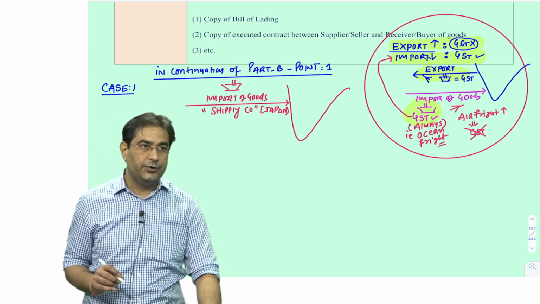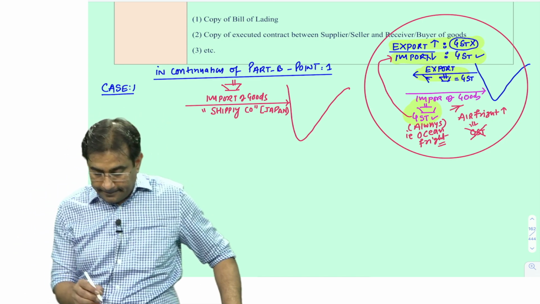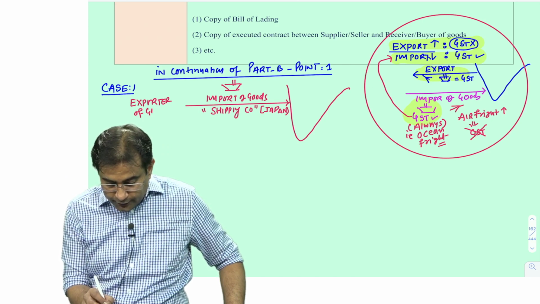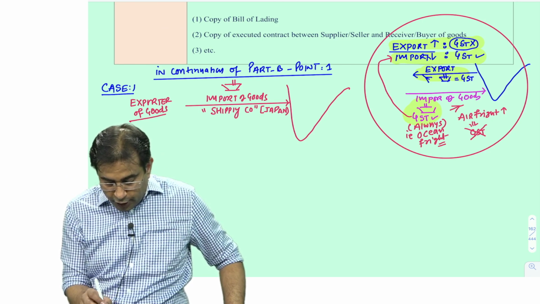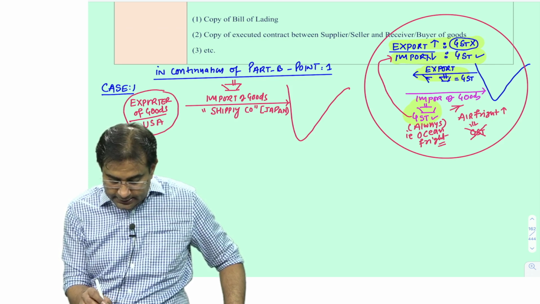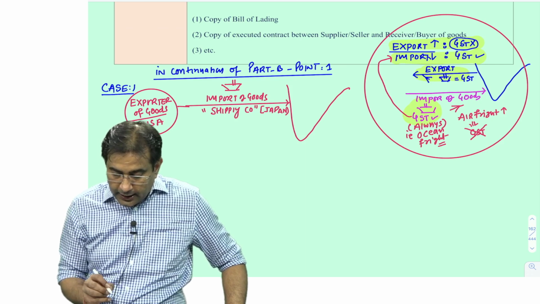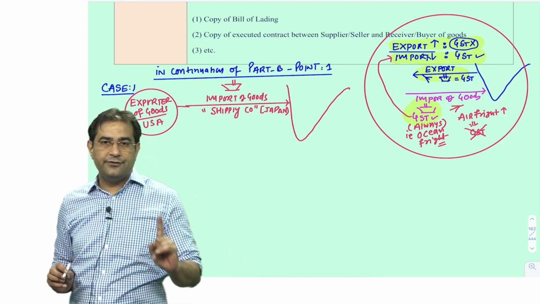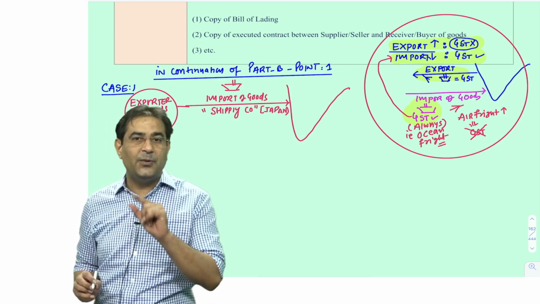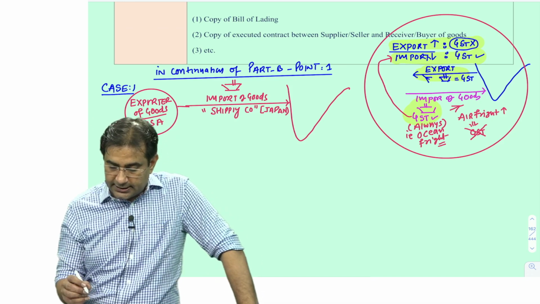And the exporter of goods belongs to USA. Is it okay? Now I am going to discuss ocean freight. I am going to link ocean freight, not import of goods.